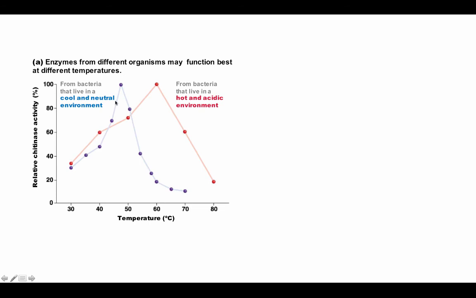And so we see that the rate of reaction for these bacteria that live in a cooler and pH neutral environment have their maximum rate of activity at a lower temperature as compared to the bacteria that live in a hot and acidic environment.